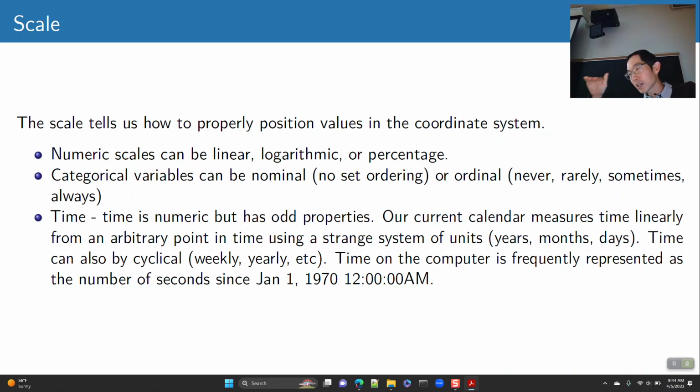Your numeric axes, your numeric scales, can be linear. I think we're very familiar with linear scales. But they can also be logarithmic, and logarithmic scales are very useful when you have values of greatly different size, right? If you're talking about baseball player salaries, you have certain players that make like $40 million a year, and possibly more. And then you have other players that make the league minimum, which I don't know, is 500,000 or 700,000. 700,000, right?